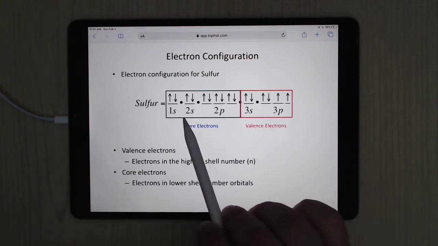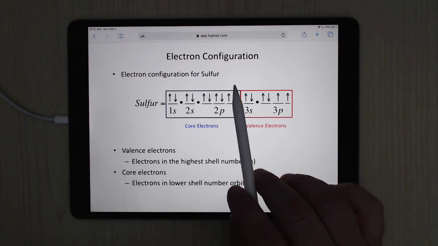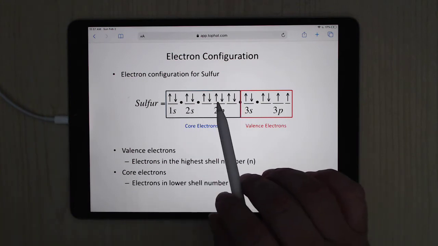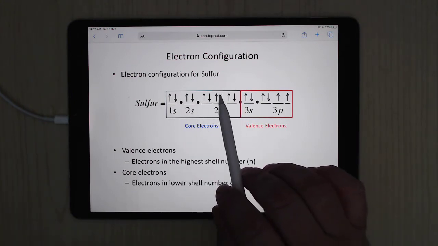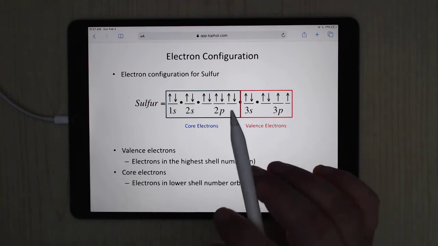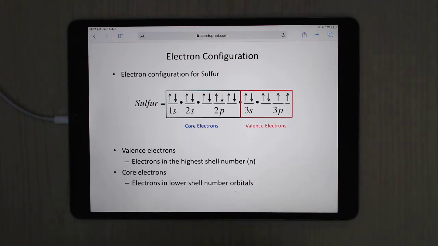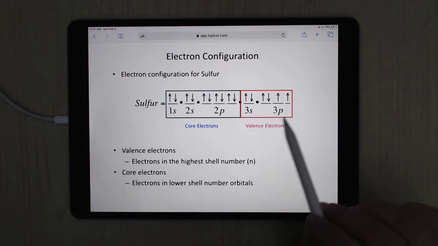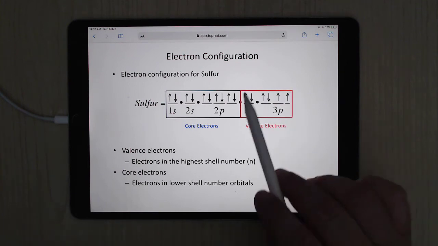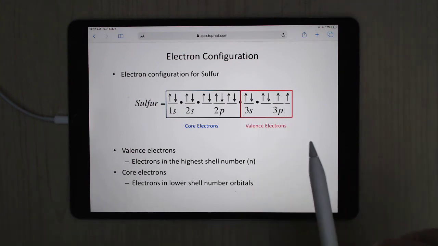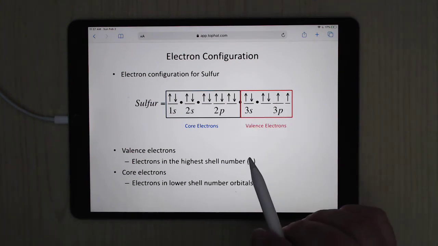Okay, and so there's two different types of electrons we're talking about. The core electrons are where everything in that shell is completely filled. Everything's paired up. We're good to go. It's going to have the same electron configuration as one of the noble gases. The highest shell electrons, though, those are the valence ones. Those are the ones that are trying desperately to get completely filled up.